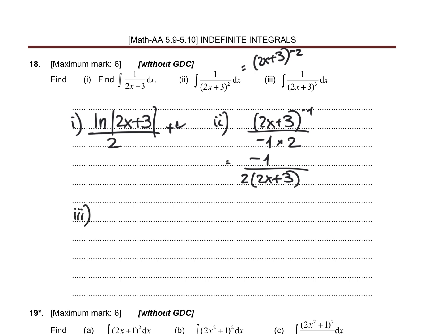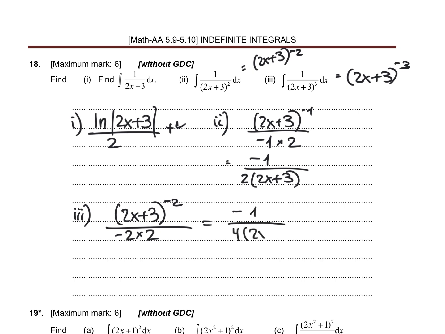And triple I, this is 2x plus 3 to the negative 3. So we're going to add 1, divide by that thing as well as the inside. So we're going to have negative 1 over 4 times 2x plus 3 squared, and then plus c.